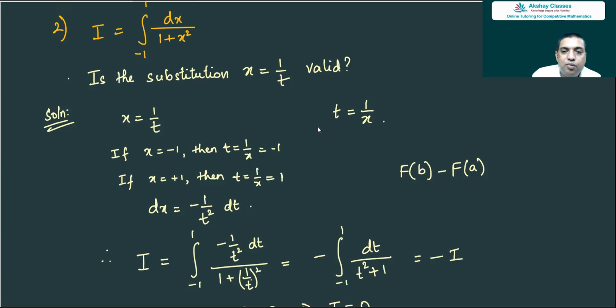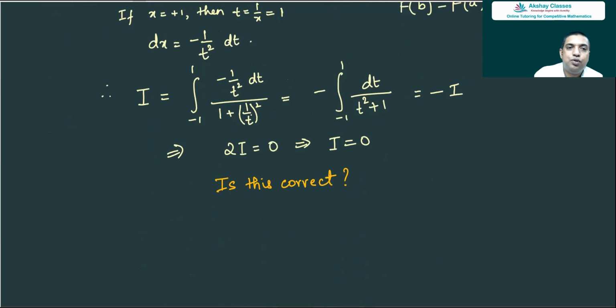So when x varies from minus 1 to 1, you will come across the value of x equal to 0, at which point this is a discontinuous function. So the substituted function is discontinuous. So no, a big no.